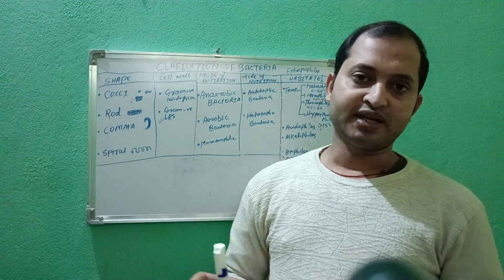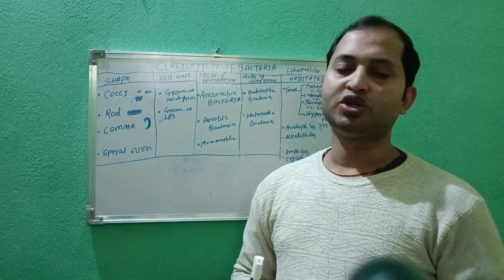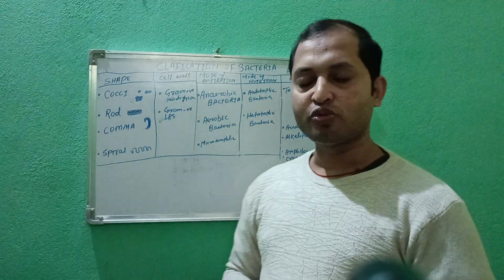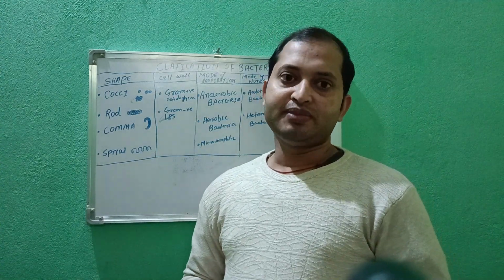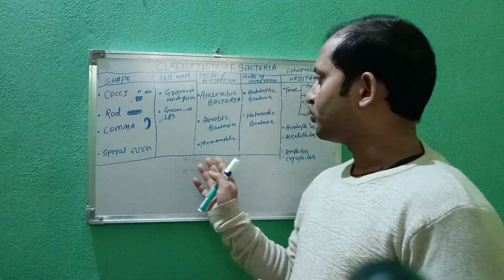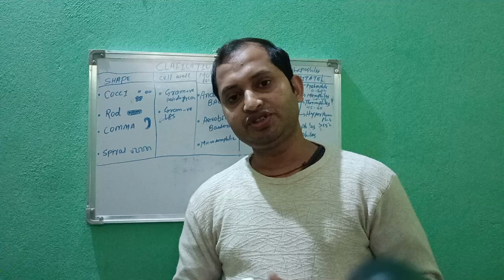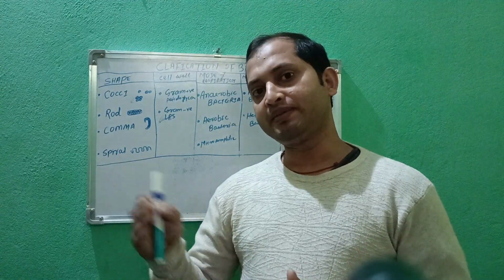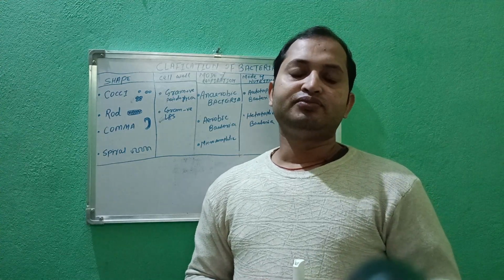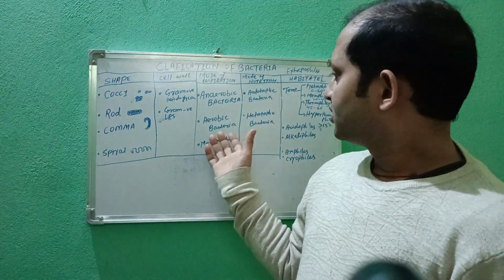On the basis of respiration, bacteria are basically categorized into two types, aerobic and anaerobic, and generally microaerophilic is also included. Anaerobic bacteria do not require oxygen for growing, while aerobic bacteria require oxygen for optimum growth. Microaerophilic bacteria require very low oxygen for optimum growth.